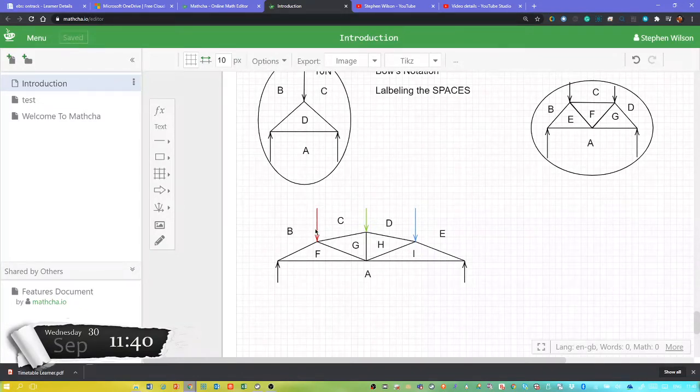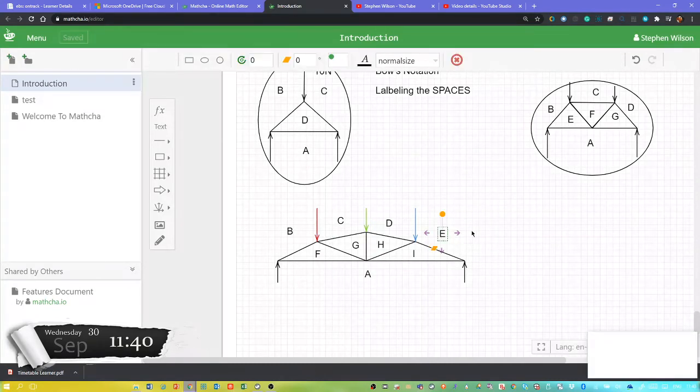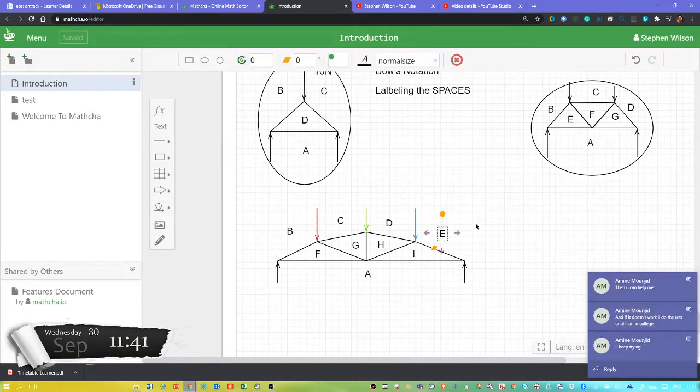And if you've got some of the letters in a different place, it doesn't matter as long as we've got a letter in each space. Okay? You might have done A, B, C, D, E, F, G, H, I. And that's fine, as long as each space has its own letter. And for Bow's notation, I'm not sure if I said before, we use capital letters, uppercase letters.